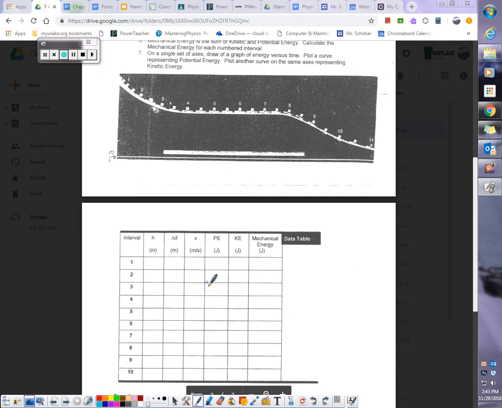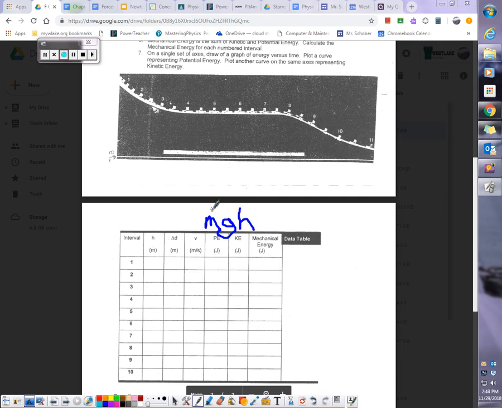Now the end goal here is to calculate the potential energy and kinetic energy of the cart in each position and see how they change. Potential energy, we should know by now, is equal to mass times gravity times height.